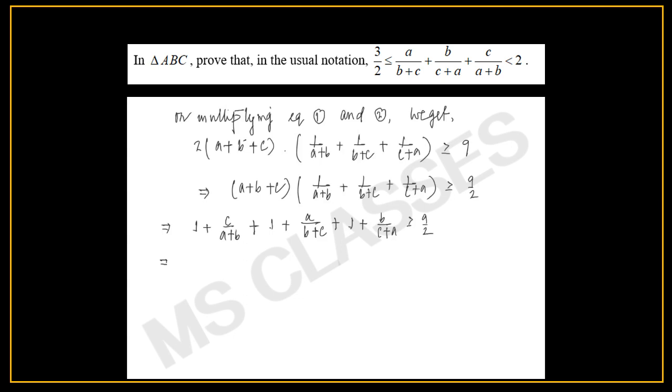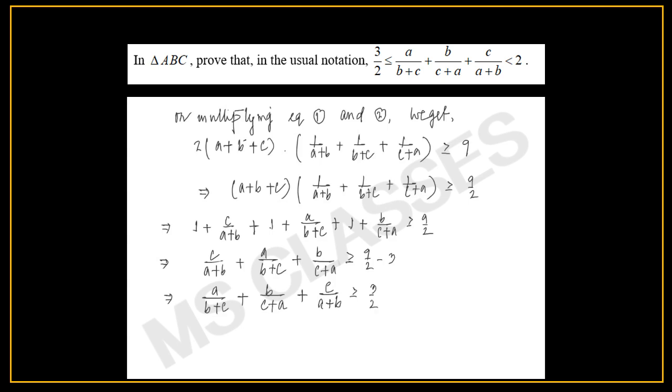Now this gives you c by a plus b plus a by b plus c plus b by c plus a greater than or equal to 9 by 2 minus 3. 1 plus 1 plus 1, that is 3. So 9 by 2 minus 3. Now we can rearrange this as a by b plus c plus b by c plus a plus c by a plus b greater than or equal to 3 by 2.